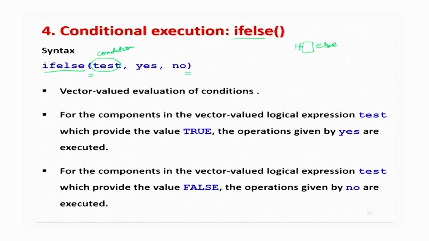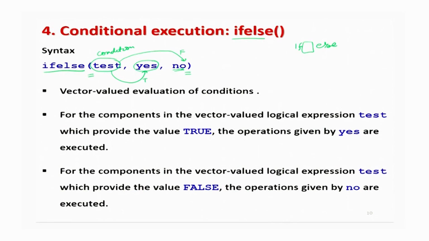In case the condition is found to be true, that means the answer is yes, then whatever commands you have given under the yes will be executed, and if this condition results in a false, then whatever syntax and commands you have written under the no are going to be executed.